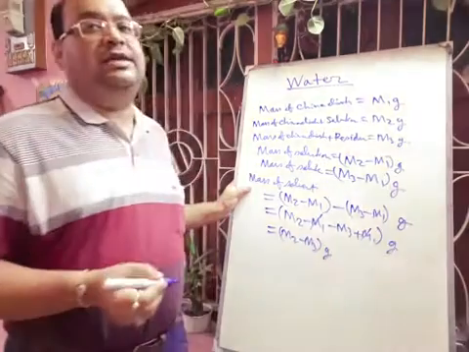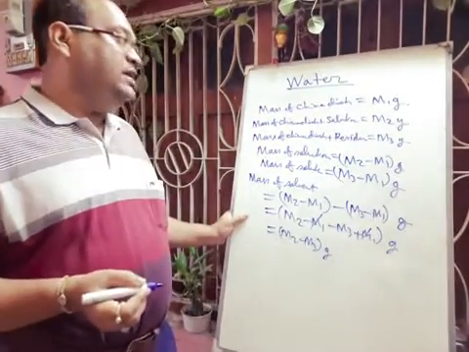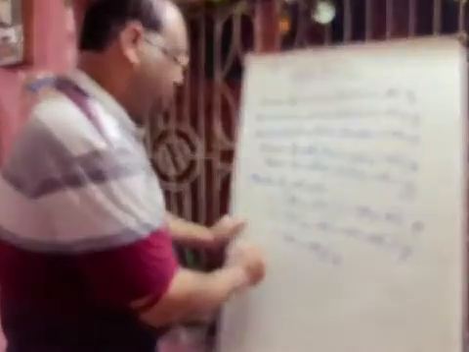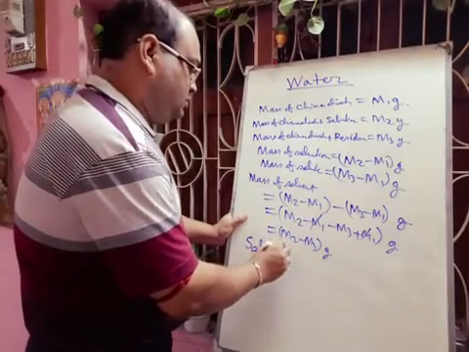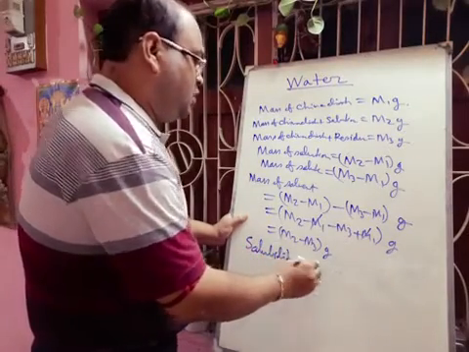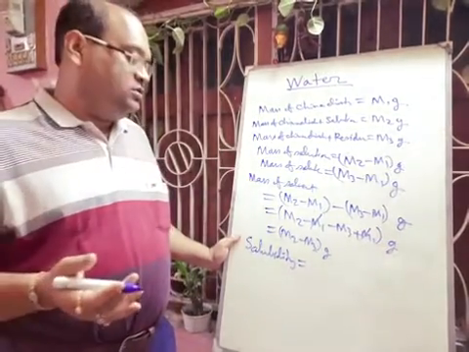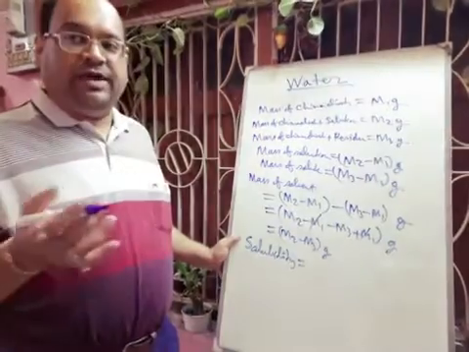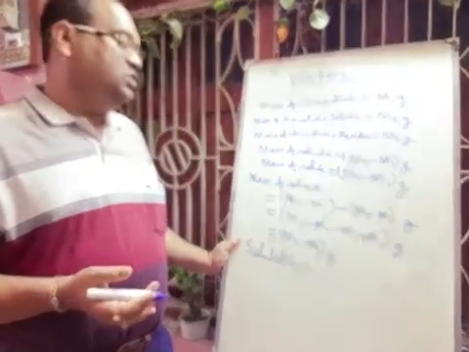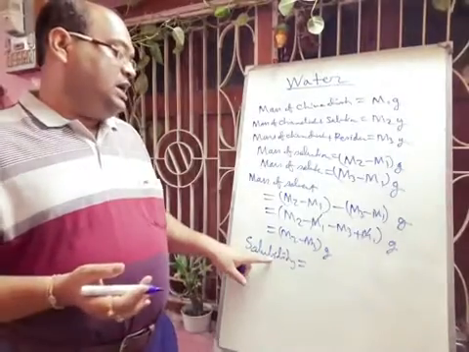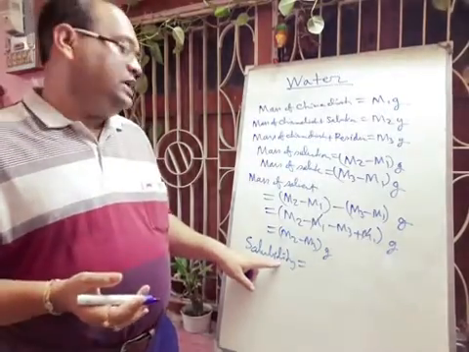Hope you can understand. Next we have to find out the solubility. Solubility we know will be the mass of the solute divided by the mass of the solvent. What is the mass of the solute here?